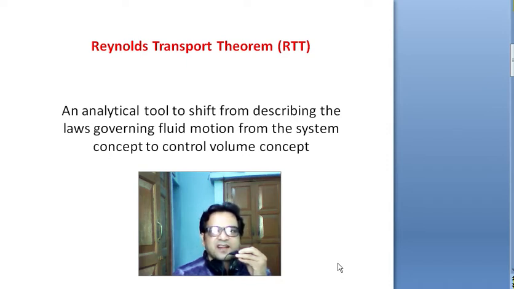I cannot write F = ma for a control volume. So the corresponding equivalent expression for F = ma has to be rewritten for a control volume. By using the Reynolds transport theorem, we can do that. It is a very important theorem in the study of fluid mechanics.